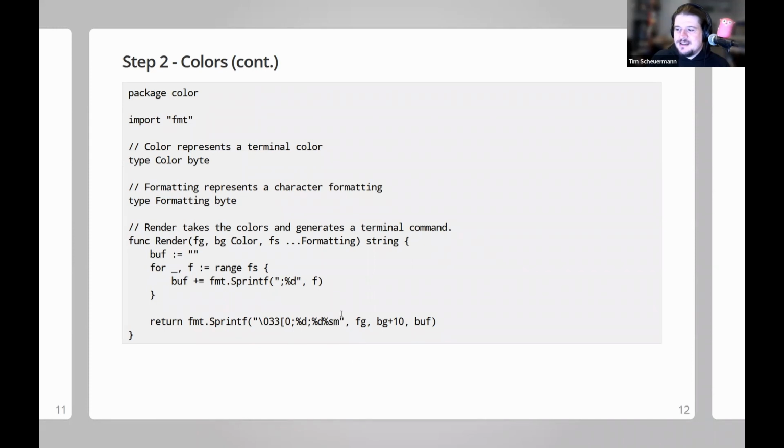And this all ends with an M. Here you can see a small trick so I don't have to duplicate the color codes for foreground and background: if you add 10 to the background color, you can use the same numbers as for the foreground colors. So, colors done.